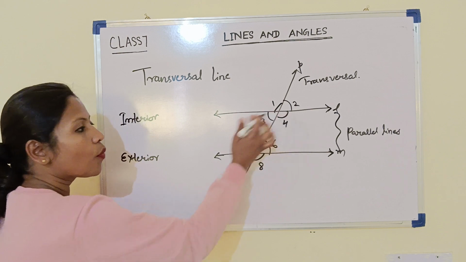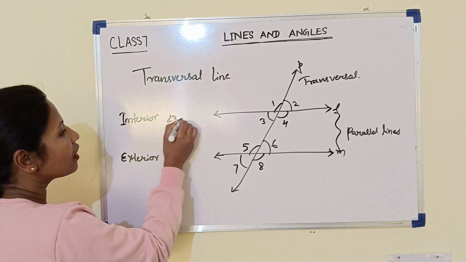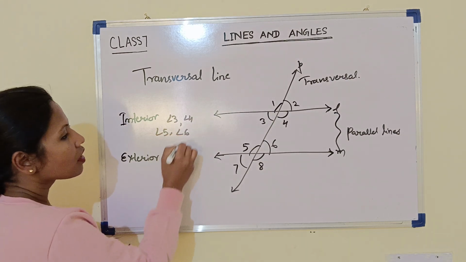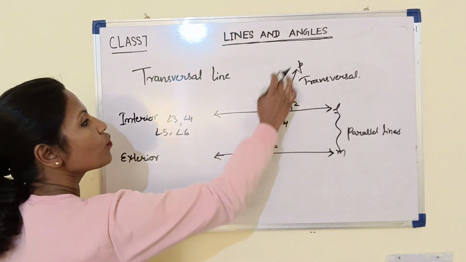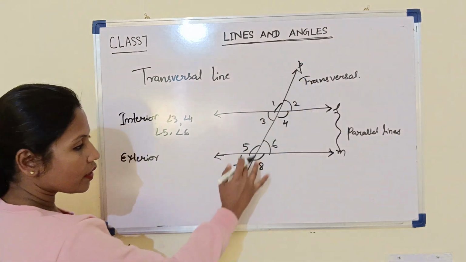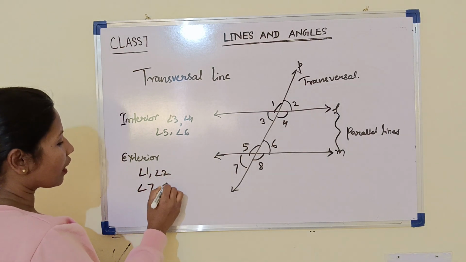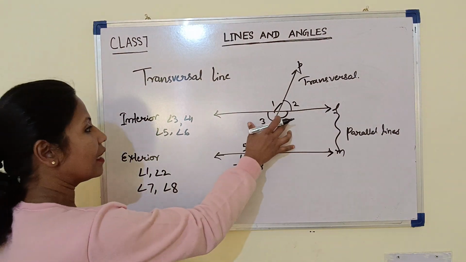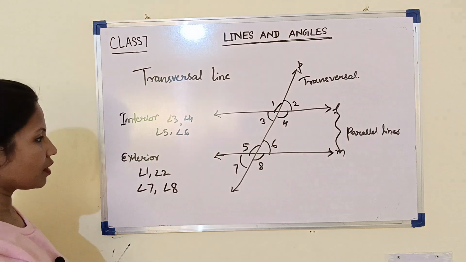So angle 3, angle 4, angle 5 and angle 6 are interior angles. What are exterior angles? Which are outside. 1, 2, 7, 8. So angle 1, angle 2, angle 7 and angle 8 are exterior angles. So we learned interior angle and exterior angle. Got it? Clear? It's easy.